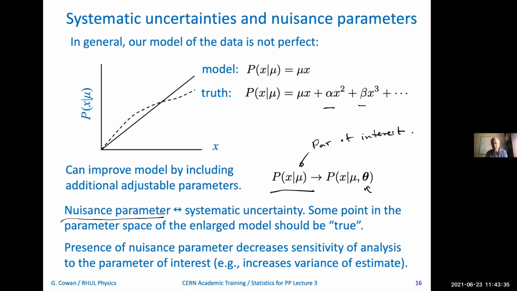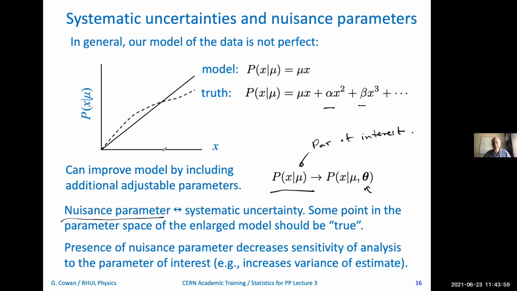But in general, in a given analysis, we can distinguish between the parameters we're interested in and the other ones that are necessary for the model to be correct, but we're not interested in their values per se. And there's a correspondence then between these nuisance parameters and the systematic uncertainties, which they have been designed to eliminate.